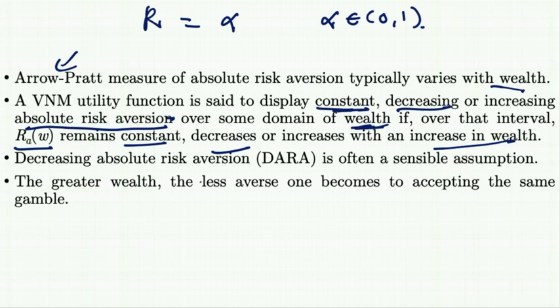Basic idea, let me do it this way. Let's say we have the condition of increasing absolute risk aversion, IRA.